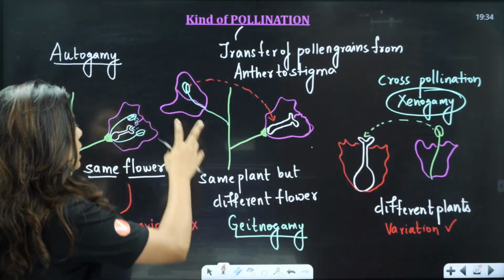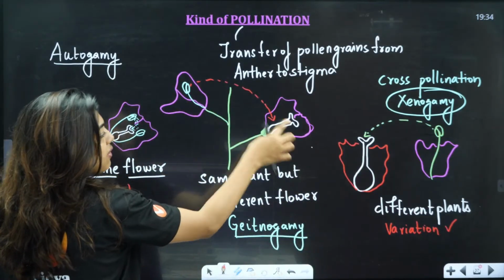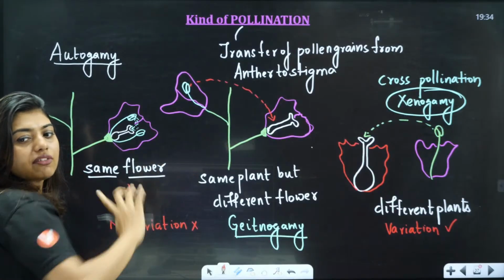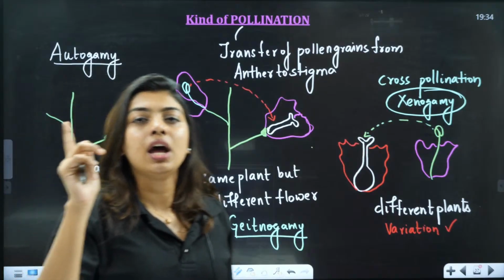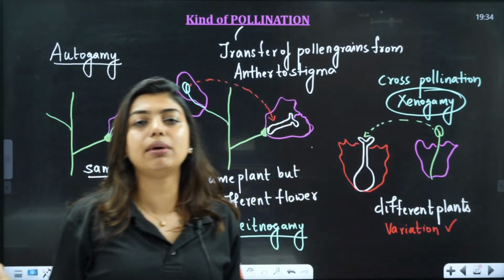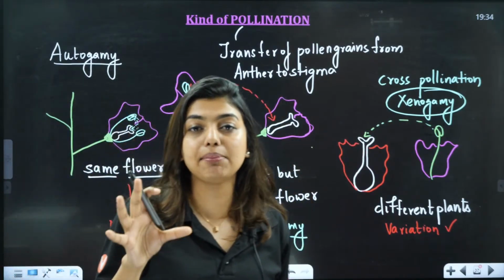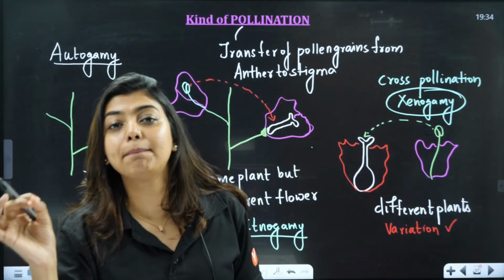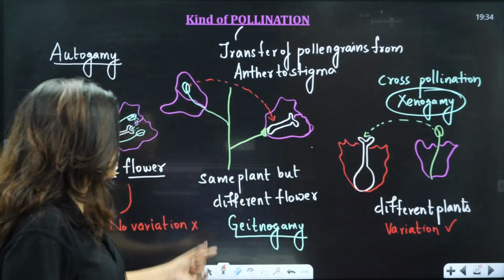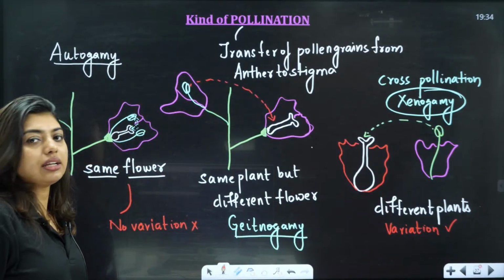So here, in the same plant, different flowers: transfer of pollen grains from the anther to the stigma of different flowers of the same plant. Remember it correctly, different flowers of the same plant. That is called geitonogamy. Understood?